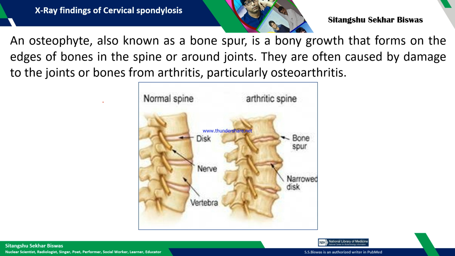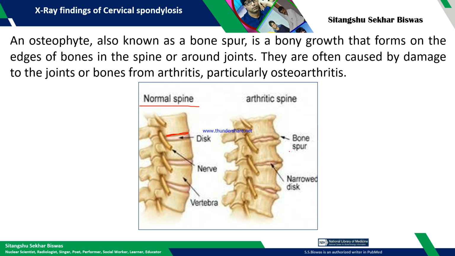now the third prominent thing is called osteophytes. It's also known as a bone spur. It's a bony growth that forms on the edges of the bone in the spine or around the joint. Now you can see this is a normal spine, as I told you. See, the discs are very smooth, the discs are equal in size, they are nicely spaced. This is the normal spine. And you can see the end plates are very regular.